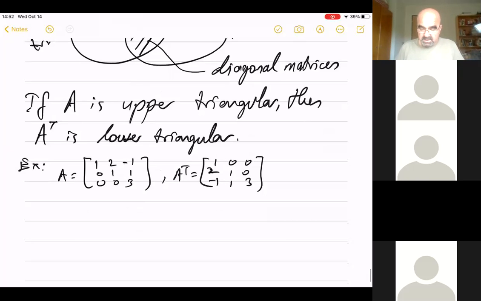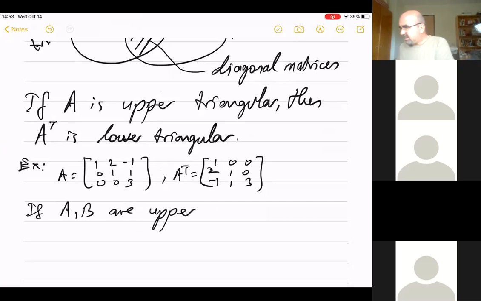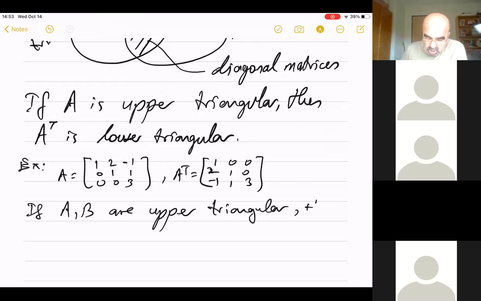And if A and B are upper triangular, this is also true for lower triangular, but let's just write it for upper triangular matrices, then A times B is also upper triangular.